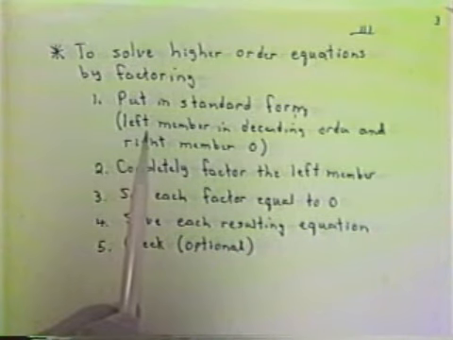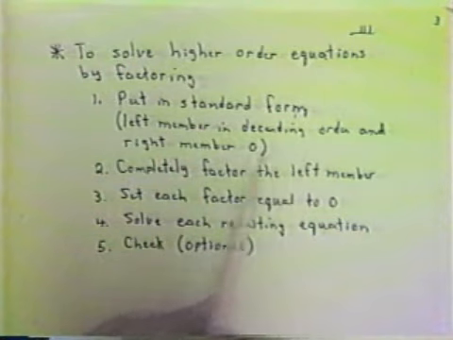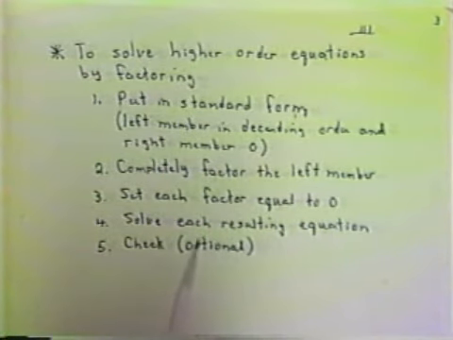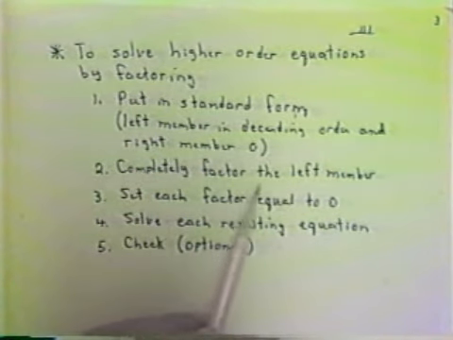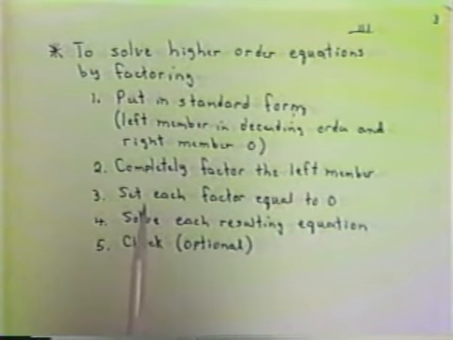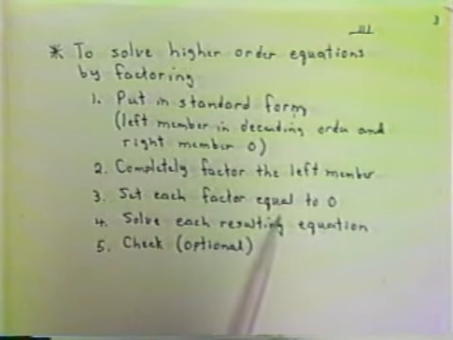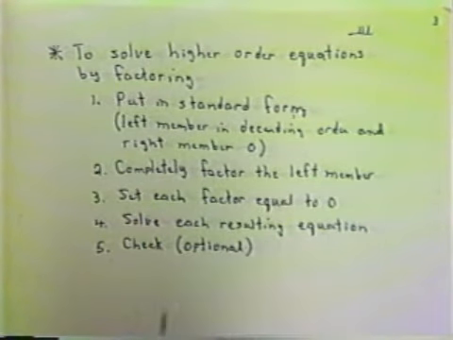Now, standard form means the left member is in descending order and the right member is 0. 2, you completely factor the left member. 3, you set each factor equal to 0. 4, you solve each resulting equation.